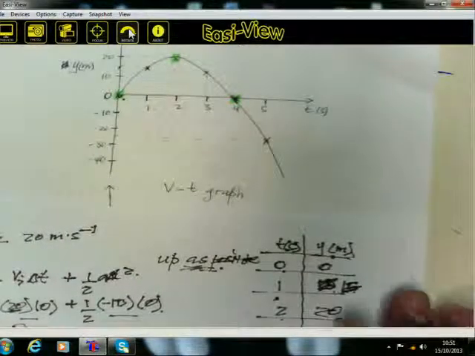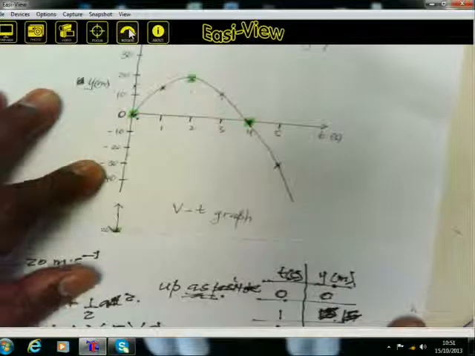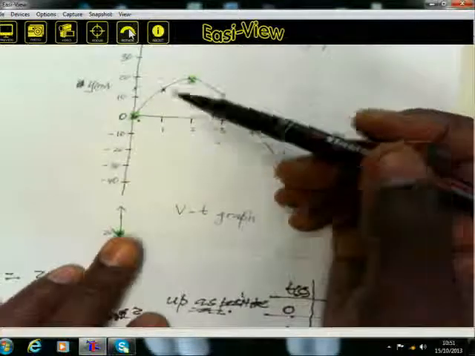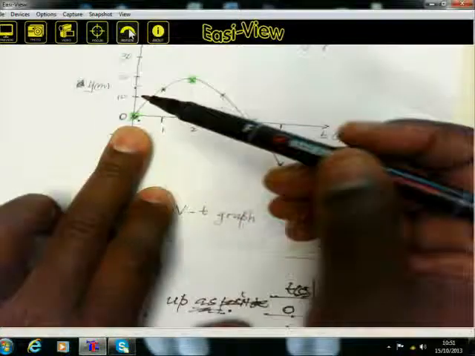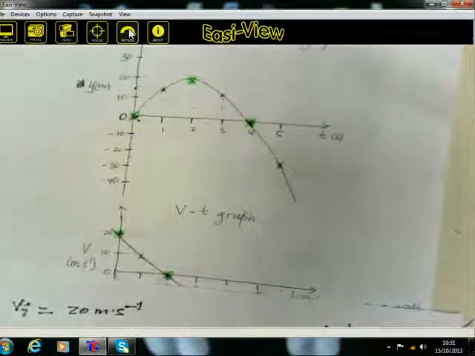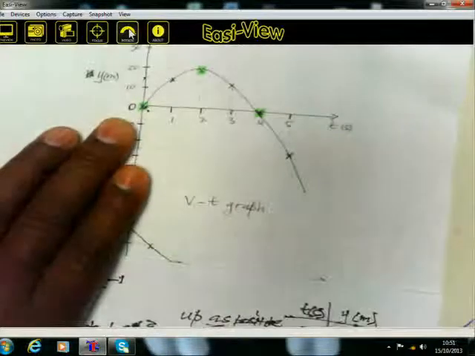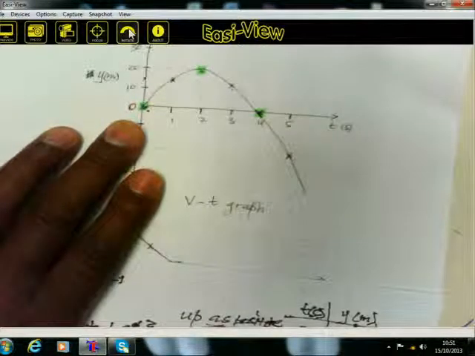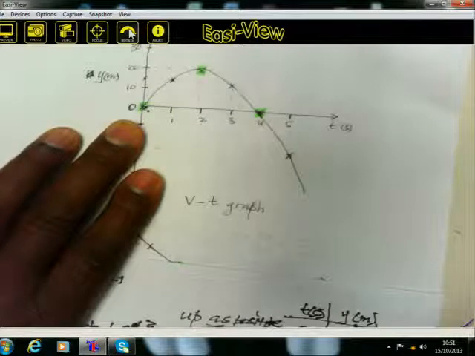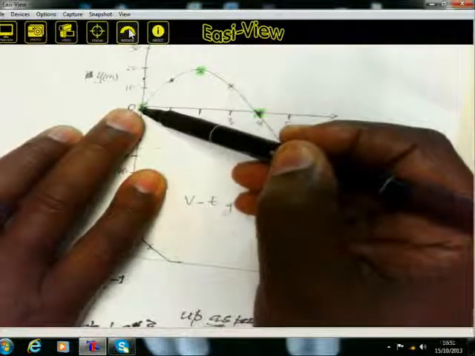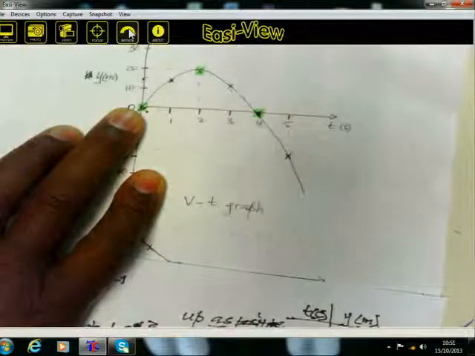What can we say about this position time graph? What the position time graph tells us is the position of the object relative to the point where it is thrown. So we want to see what happens in time to the position of the object. The object starts at that position where it is projected vertically upwards.